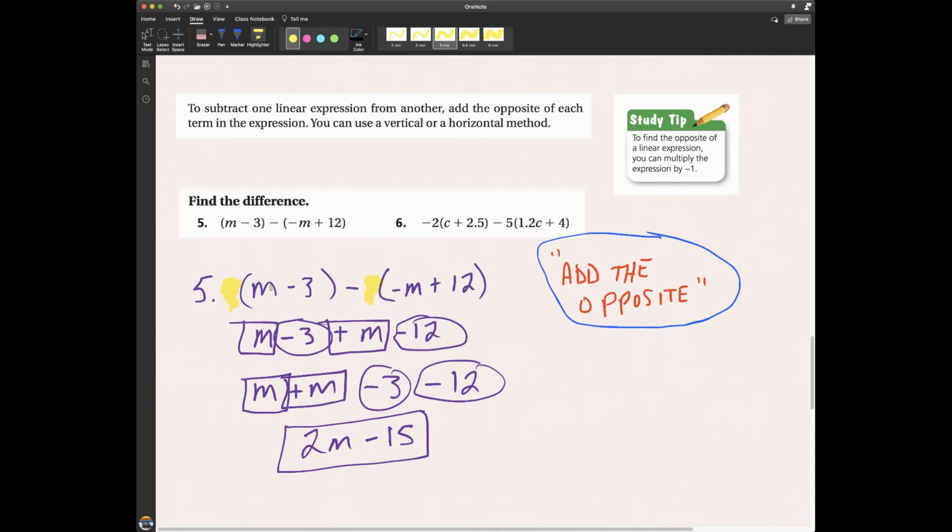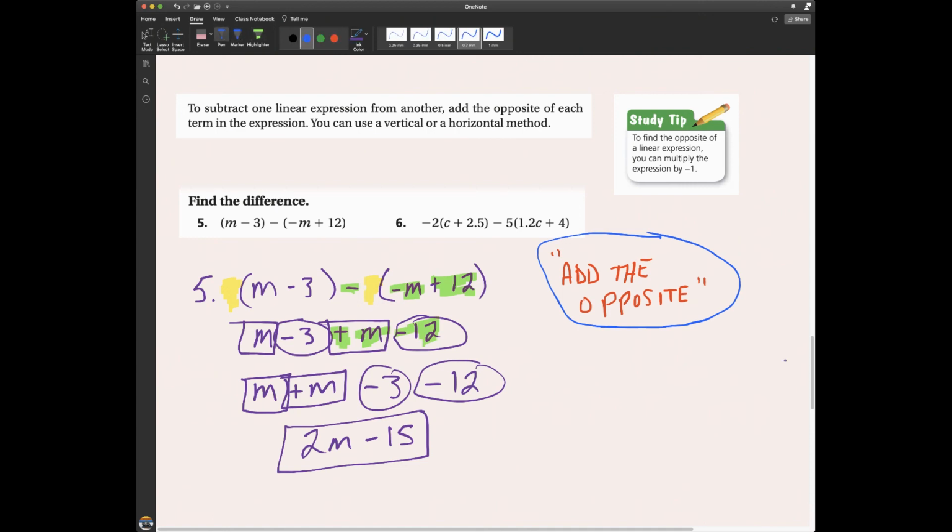Then all I do is I write the first linear expression down, change this subtraction sign to addition, and then write down the opposite of these terms. So the opposite of negative m is just positive m. The opposite of positive 12 is negative 12.